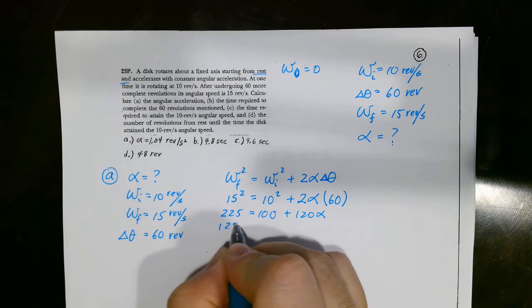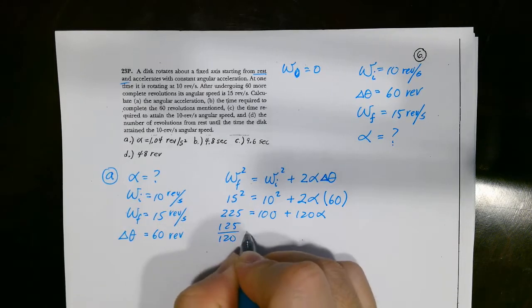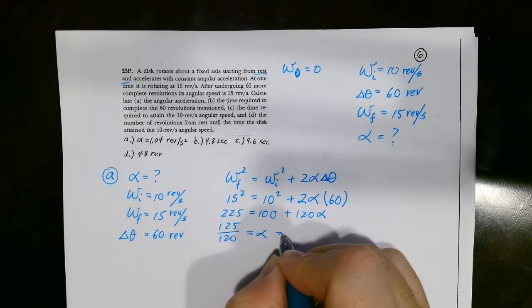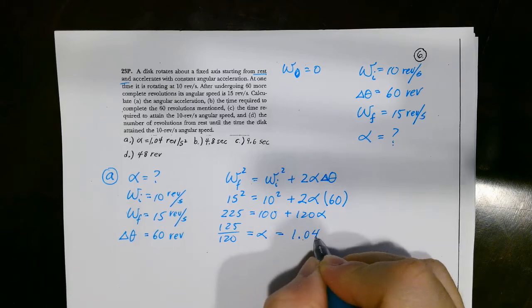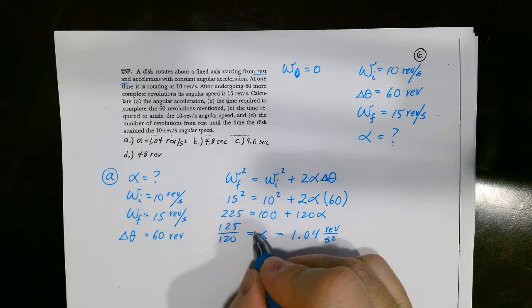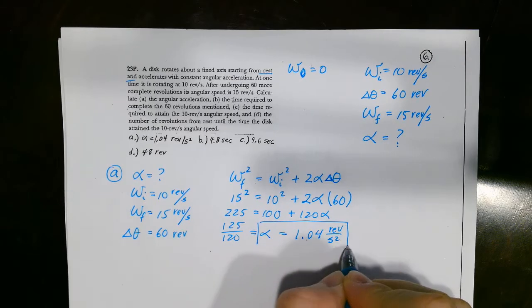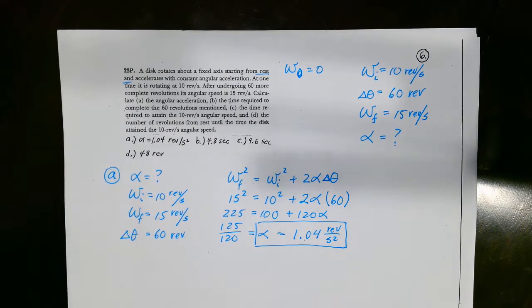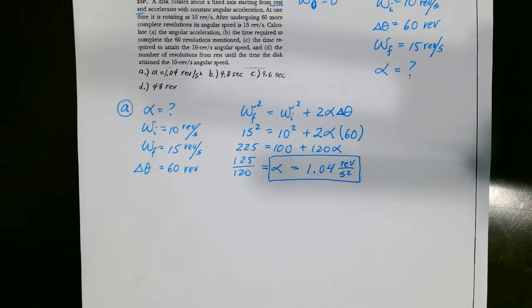So 125 over 120 is equal to alpha, which is about 1.04 revolutions per second squared. So alpha is in revolutions per second squared.